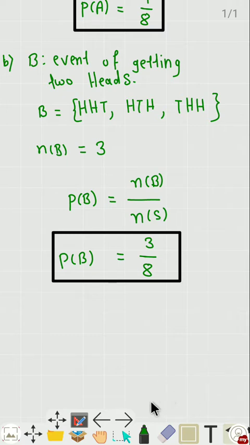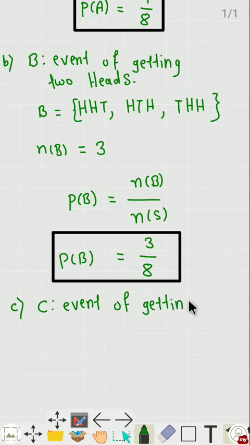Now let us go to the third case. C is at least 2 heads. So let C be the event of getting at least two heads.